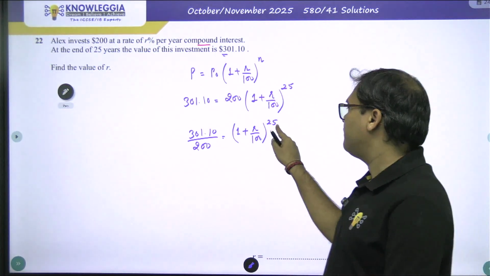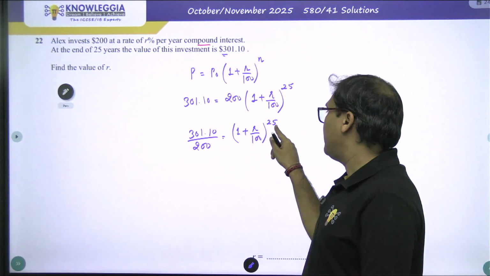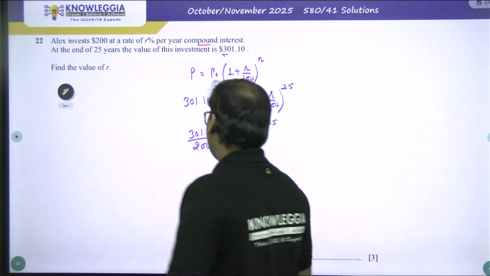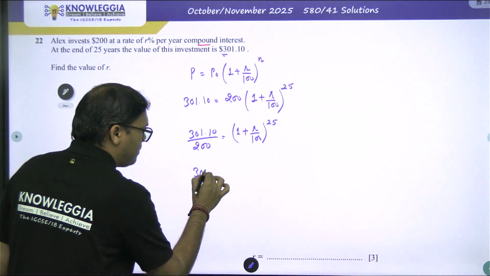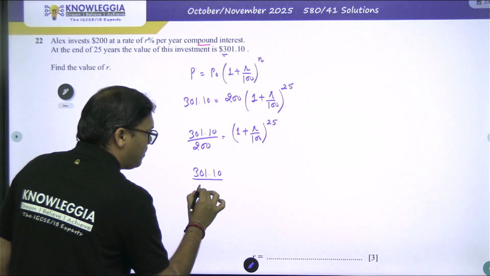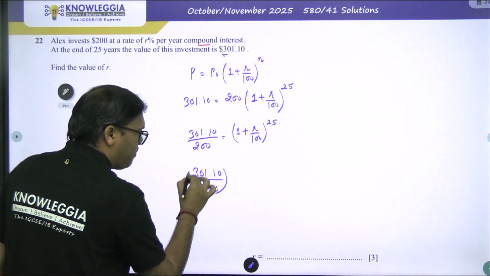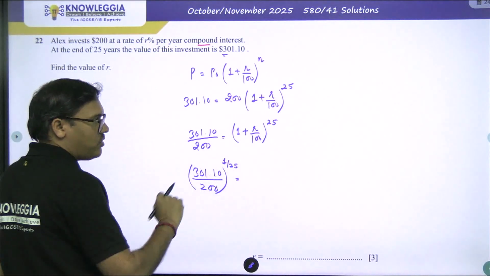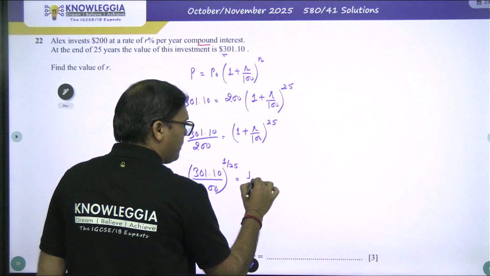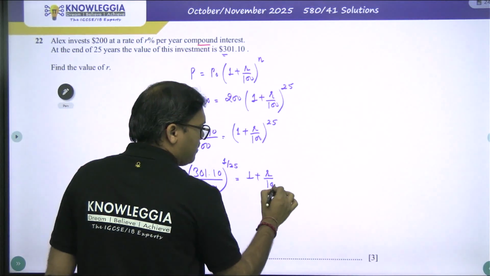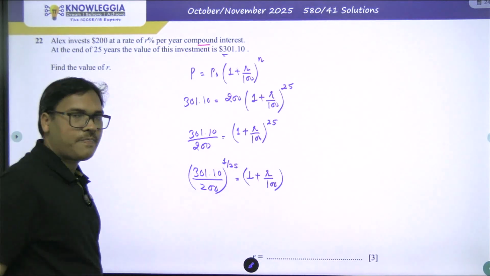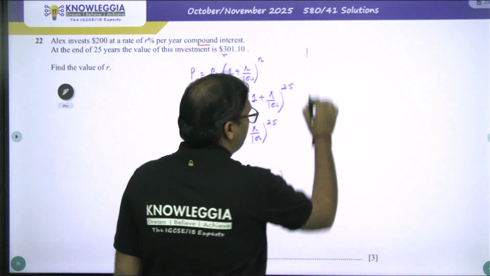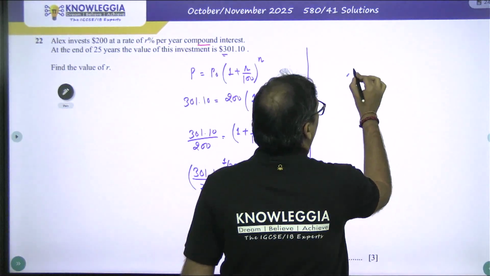Now you have to find R. So we'll take this 25 on this side. So this will become 301.10 upon 200 raised to the power 1 by 25. If you take the power, it will become reciprocal. And this is 1 plus R by 100, right? So what is R?